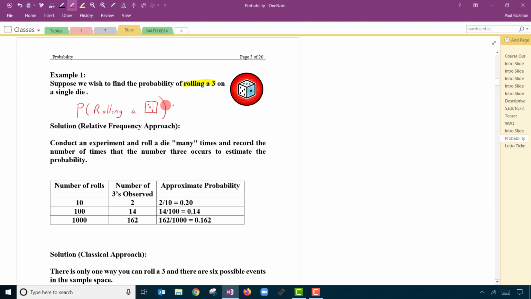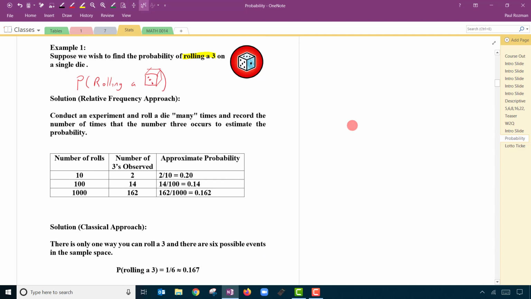Now we know the classical answer to this. A single die has 6 sides, only one side has a 3, so we know the answer is 1 in 6. But I was mostly trying to annoy my wife, so I did the experiment of rolling this die on a glass coffee table while we were watching TV one night.